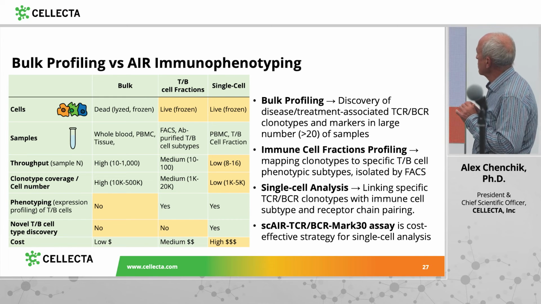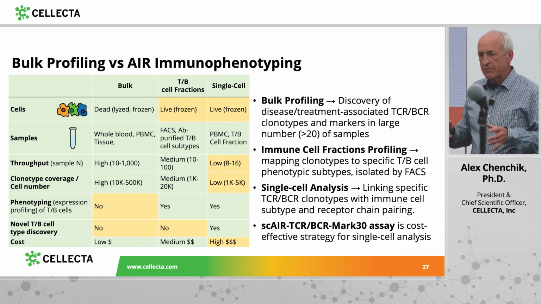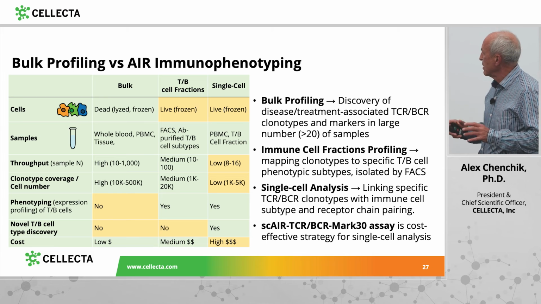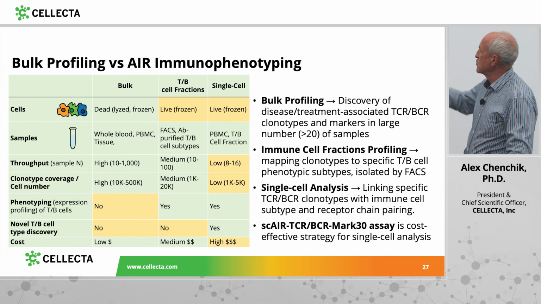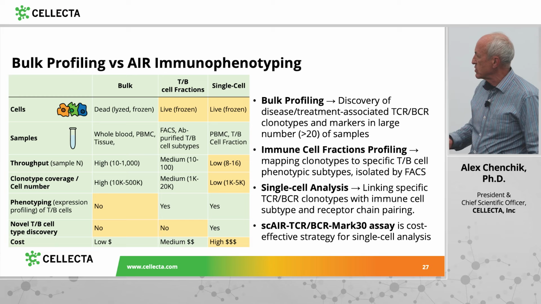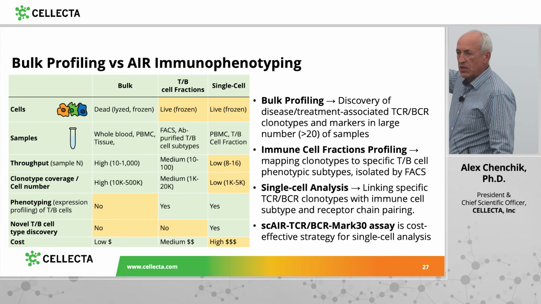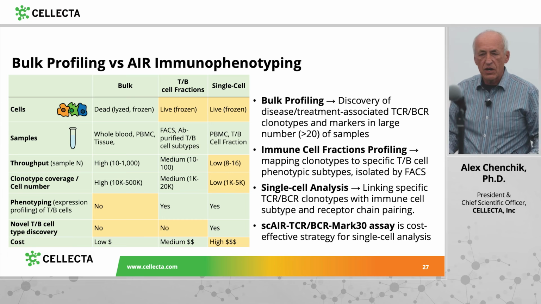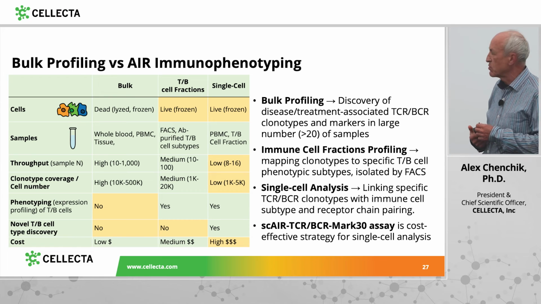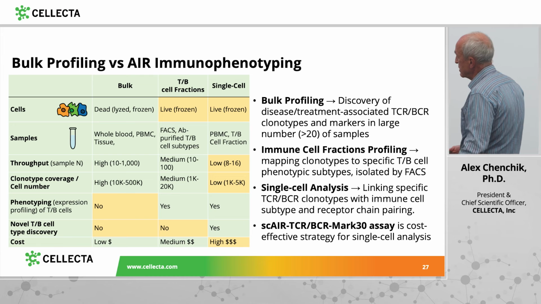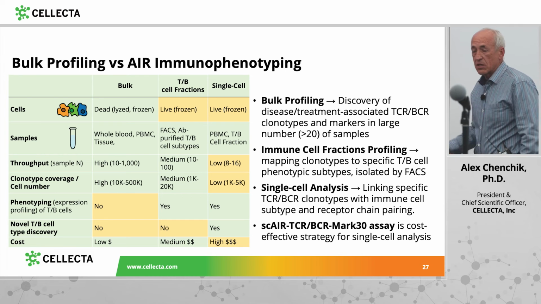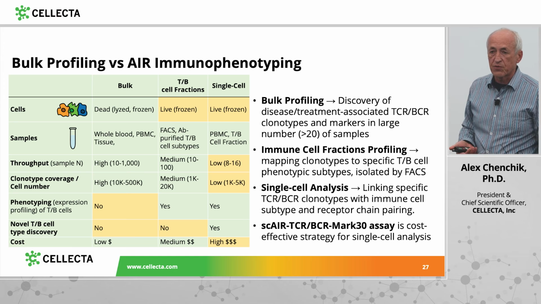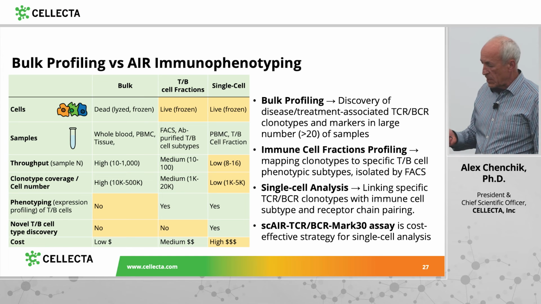After that, you can make a deeper characterization of specific T-cell or B-cell receptors by running single-cell analysis or analysis in immune cell fractions. But for single-cell analysis in immune cell fractions, you need to have live cells. You cannot use RNA or DNA extracted from a biological sample. We believe that the single-cell assay I discussed right now can be a good alternative strategy, cost-effective and very user-friendly, in order to run this type of analysis.